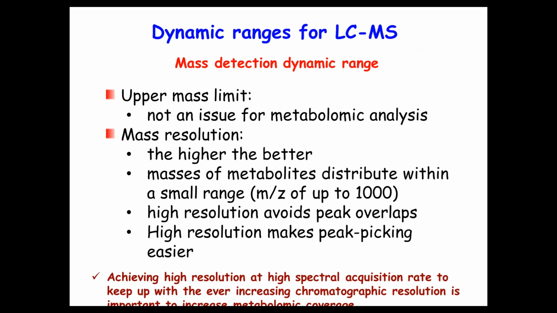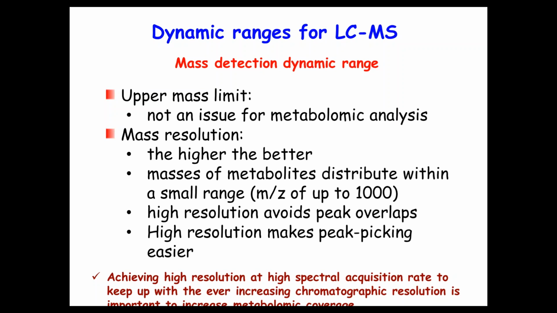When we talk about dynamic range for LCMS, let's not forget about the mass detection dynamic range. The upper mass limit is not an issue for metabolomic analysis, as we deal with small molecules in metabolomics. But mass resolution is very important in extending the mass detection dynamic range.